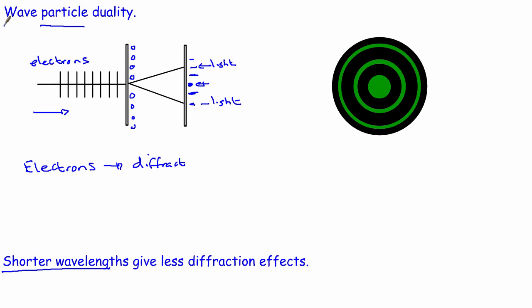But sometimes they can behave like waves. So if we pass electrons through a gap or neutrons through a gap or something like that, where the gap is essentially the same size as the wavelength, then they will behave like a wave. But other times we see them behave like particles. So that's what wave-particle duality is. Sometimes these things behave like waves, and sometimes these things behave like particles.